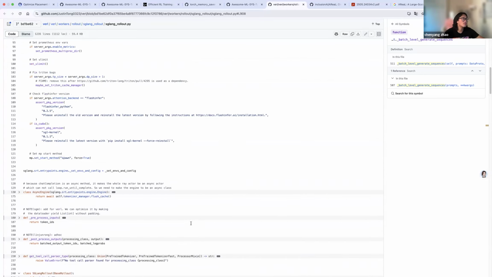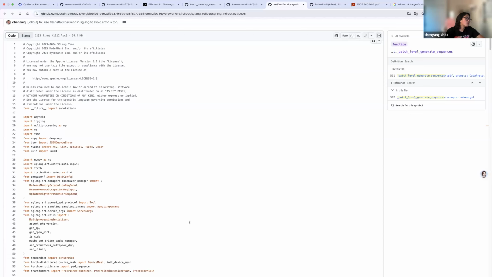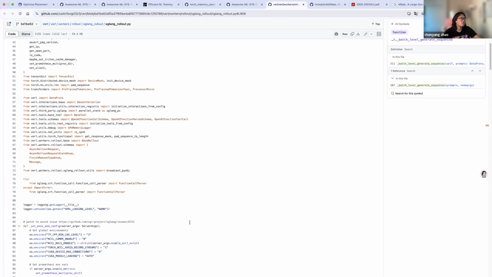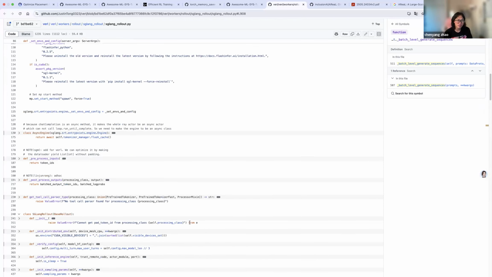Maybe the sixth part is about the optimization of tool usage of Verl in SGLang. And I have to say, Areal and Slime are also excellent frameworks for RL. For Areal, they have agentic training with tool calls already, but I think they do not have the documents, and we have people helping them to bump those documents out. On the other side, Slime has a PR for agentic training.